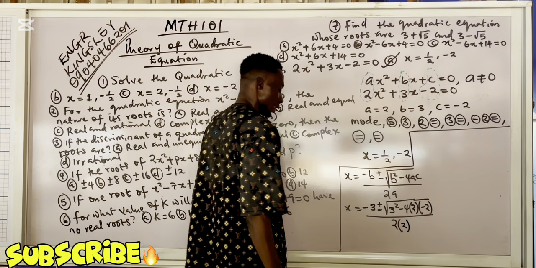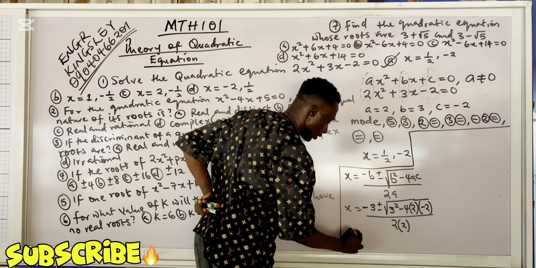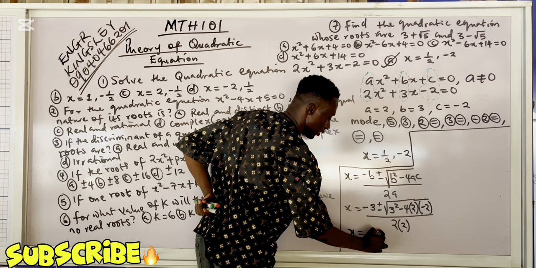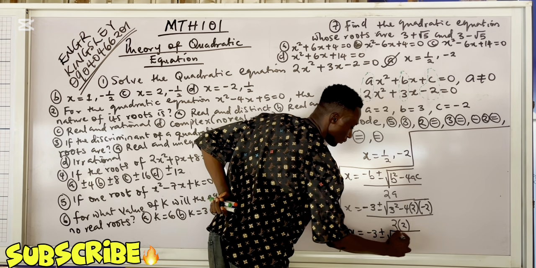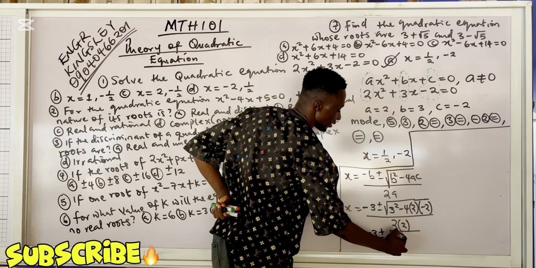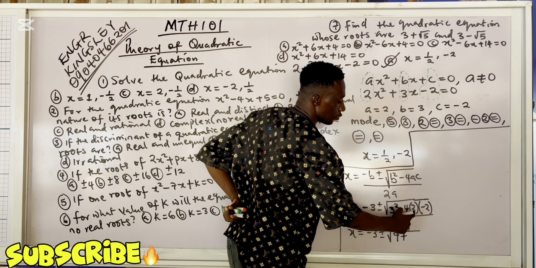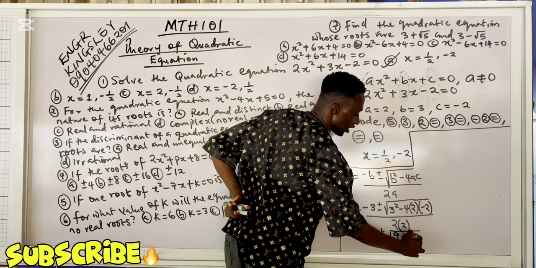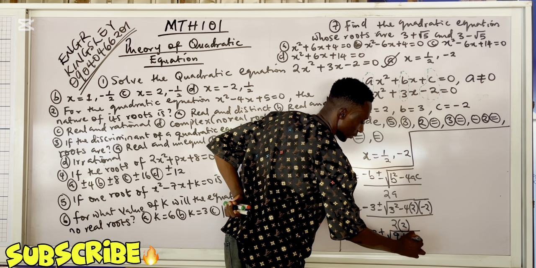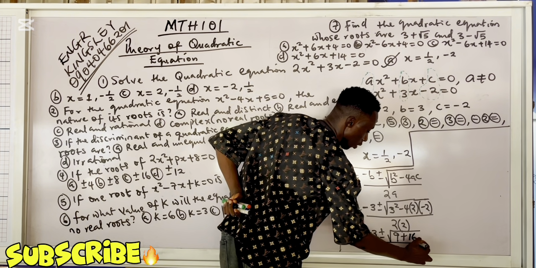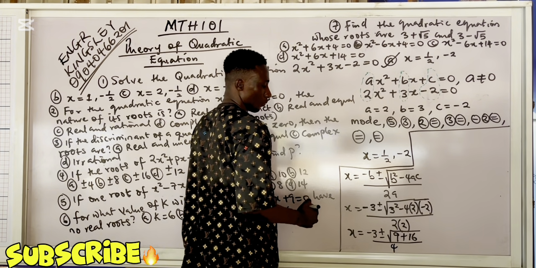Having substituted my values, I will simplify further to have x equals minus 3 plus or minus the square root of 3 squared, which is 9, plus 16, since minus 4 times 2 times minus 2 gives plus 16, all over 2 times 2, which is 4.